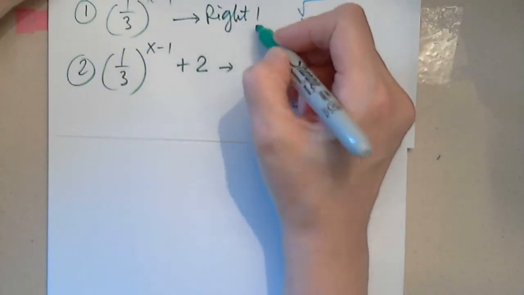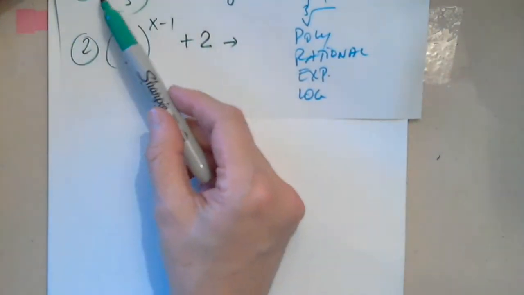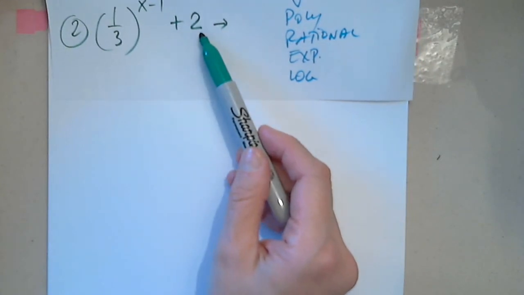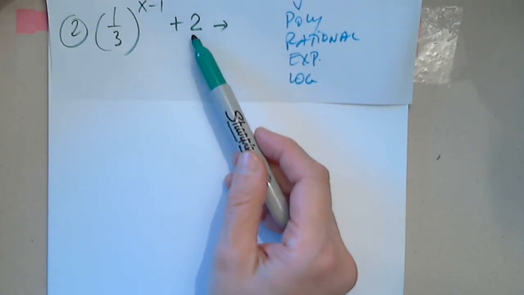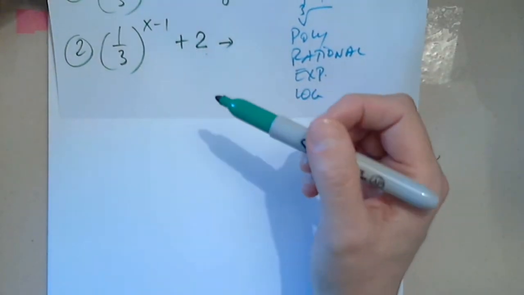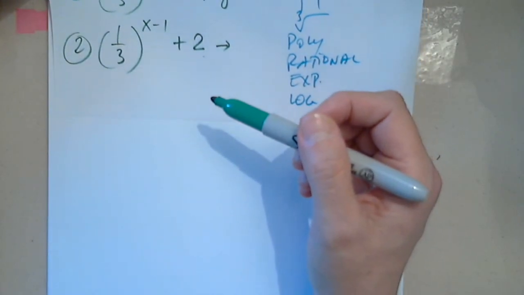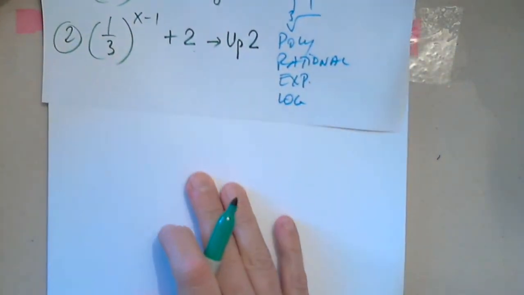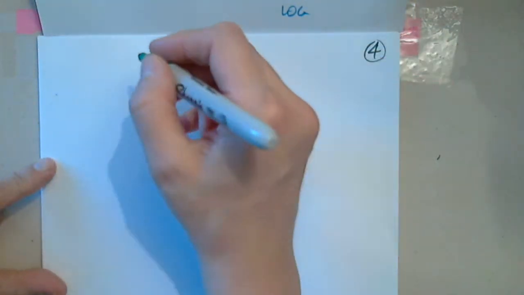Very good. Now, this is not a change in x. This is the same, but we're adding outside too. So what change will that be? What transformation will that be? Excellent. Thank you.